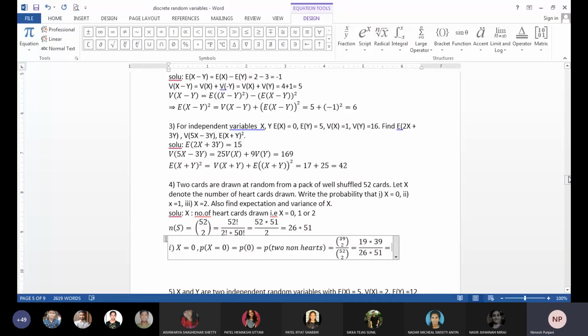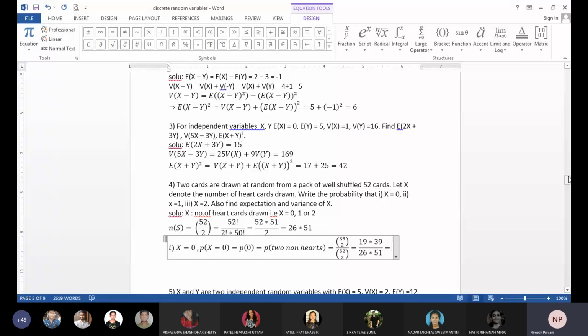Is this calculation clear till here? Yes, sir. Then we have to simplify this: 19 into 39 and 26 into 51.